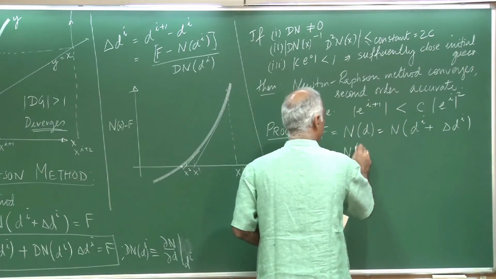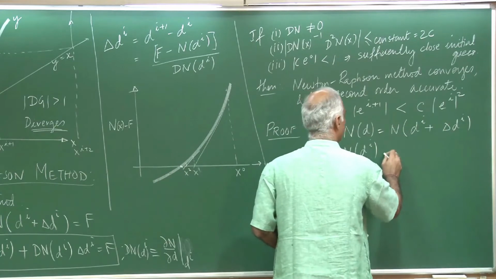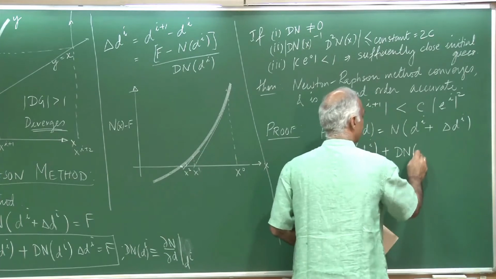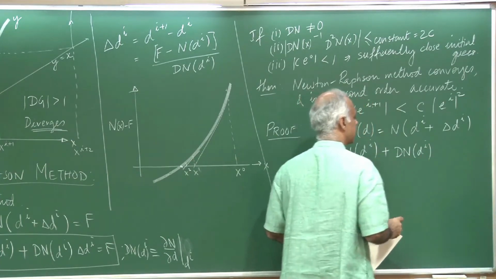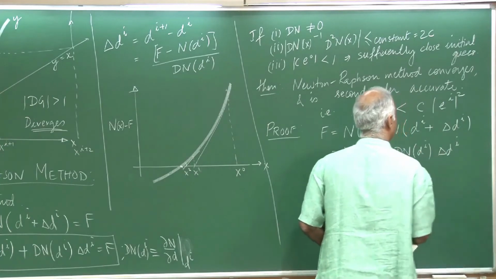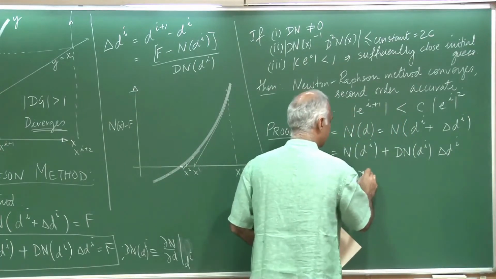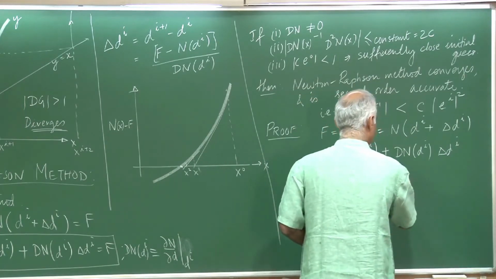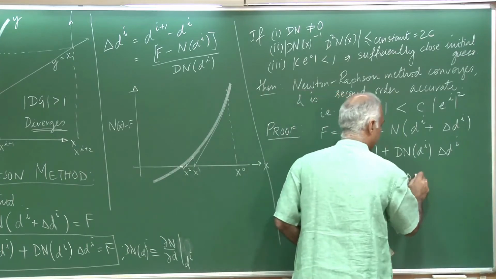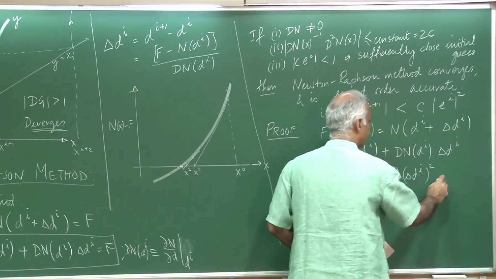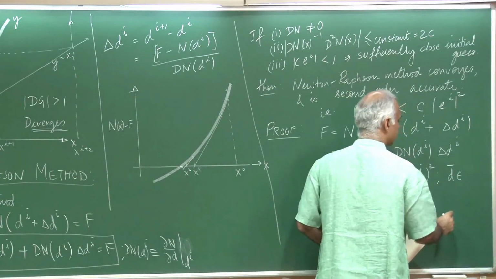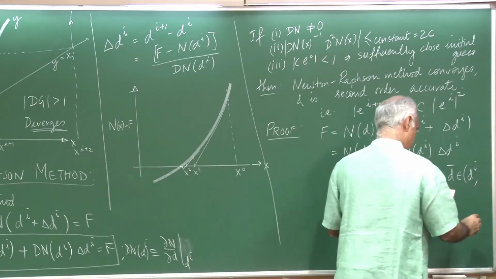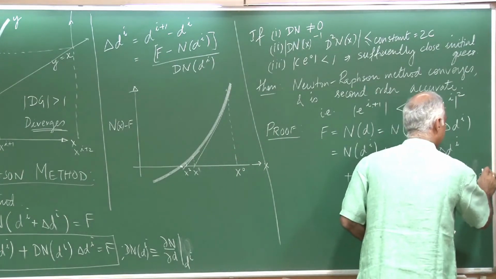This would be N of d_i, the first term, plus the derivative dN evaluated at d_i times delta d_i, plus the second derivative, d squared N, which I can evaluate at some d bar times delta d_i squared, where d bar belongs to the interval between d and d_i.